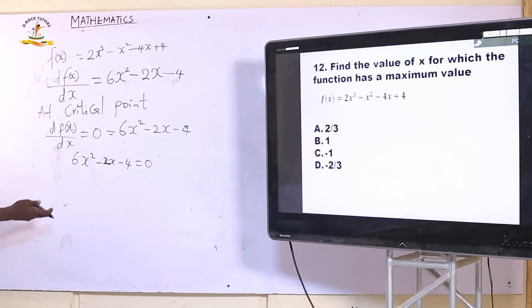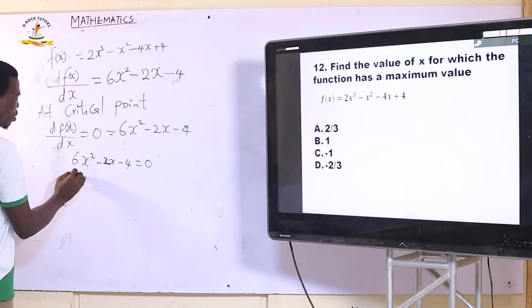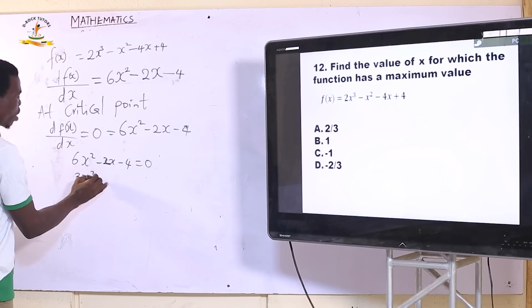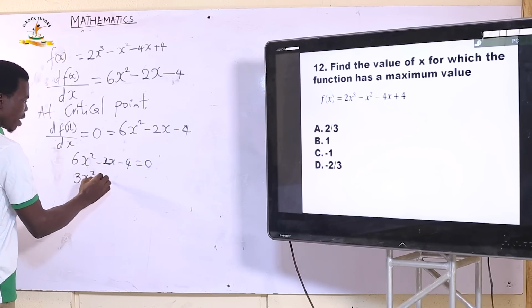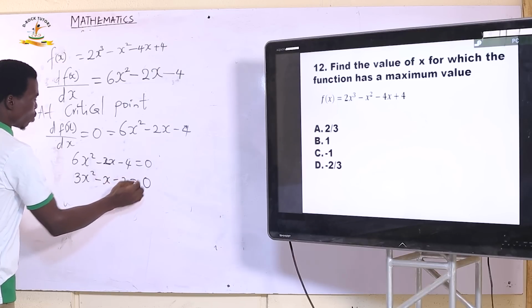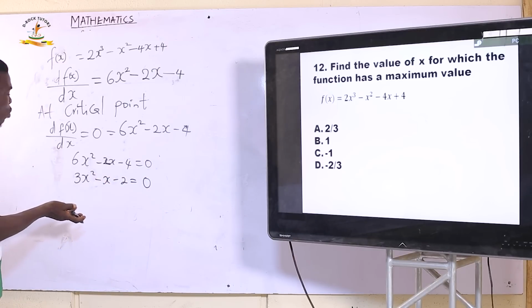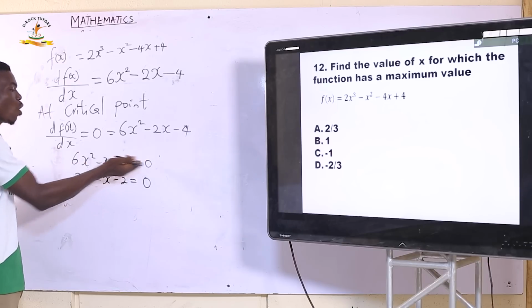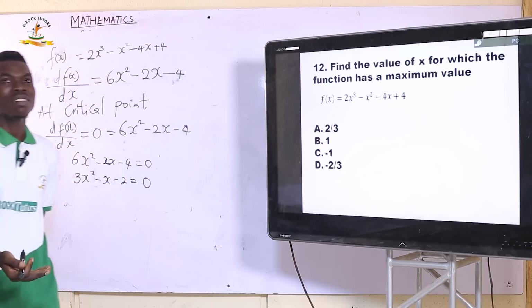And as you all know, this is a quadratic equation. So I look at it, let me cut it down to the smallest, and this 2 can go. So this is going to be 3x squared minus x minus 2 equals 0. What did I do? I simply divided all of these terms by 2.